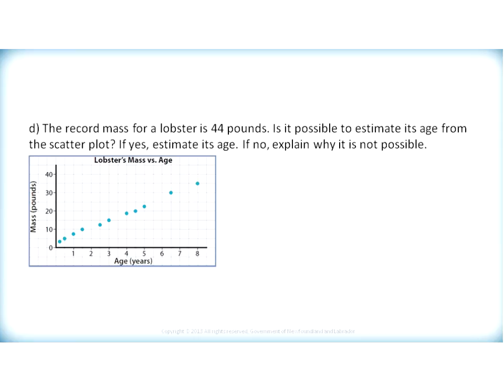The record mass for lobster is 44 pounds. Is it possible to estimate its age from the scatter plot? If yes, estimate its age. If no, why is it not possible? So I would have to draw my line of best fit again, which is about this.